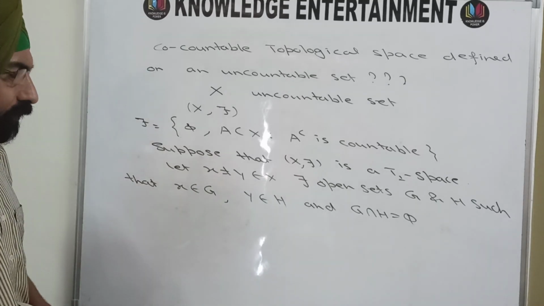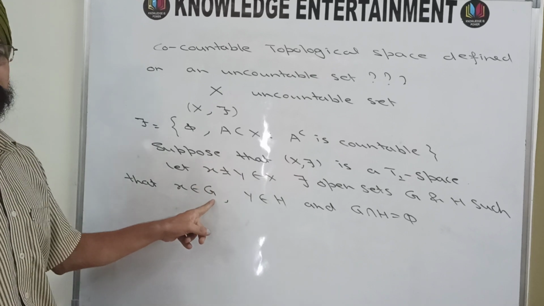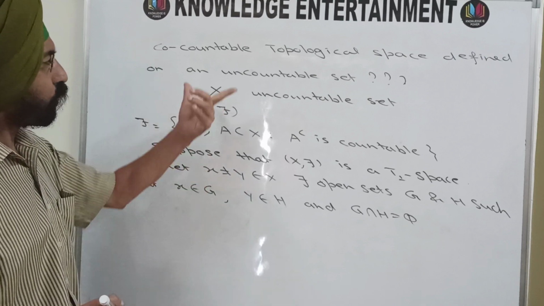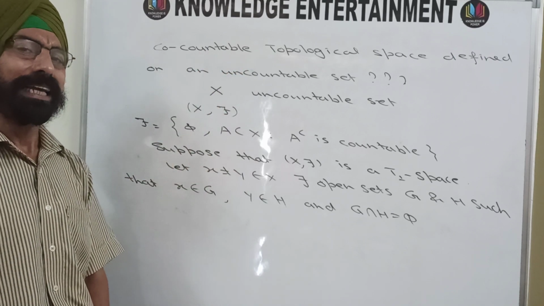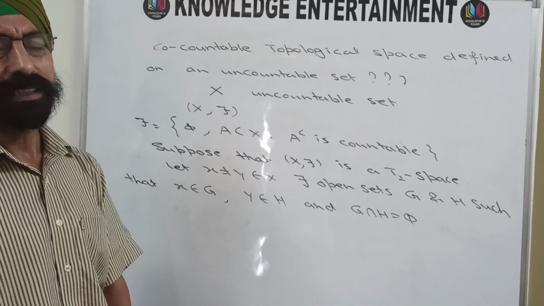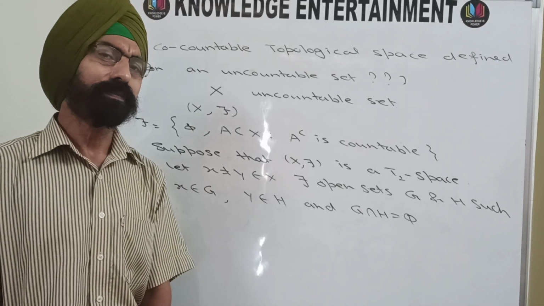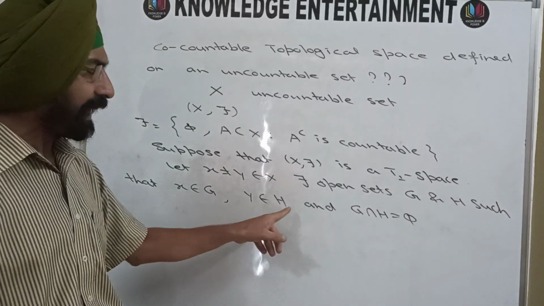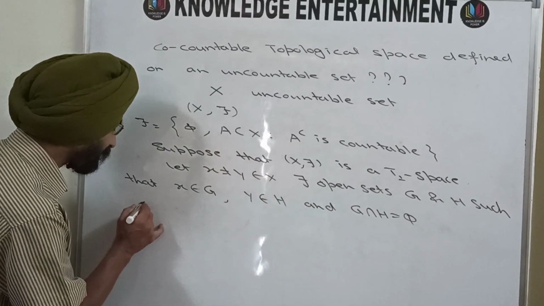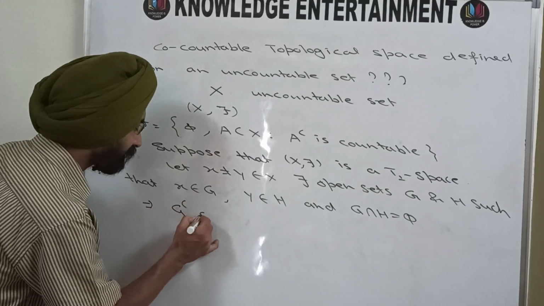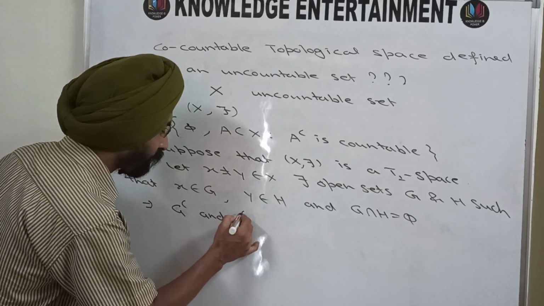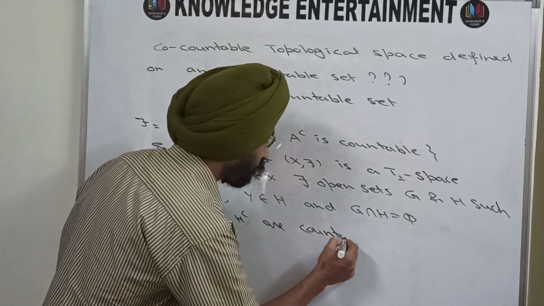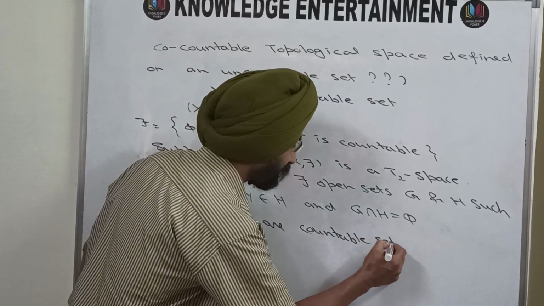Now, G is open set, H is open set, and the topology is co-countable. In co-countable topology, a set is open if its complement is countable. So G and H are open sets. So this means G complement and H complement are countable sets.